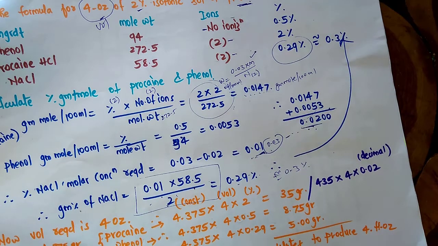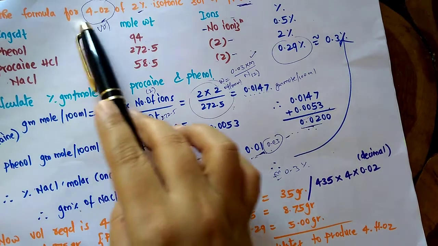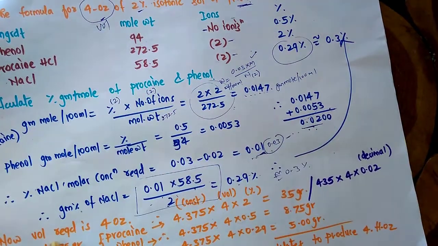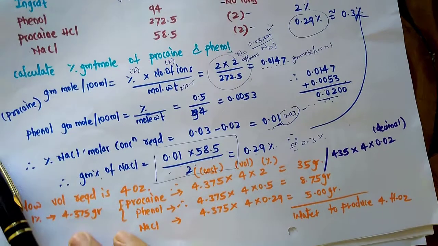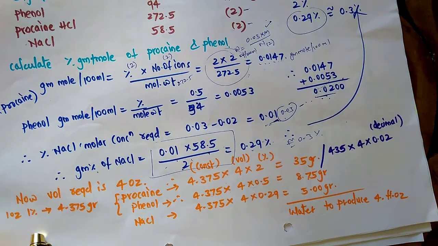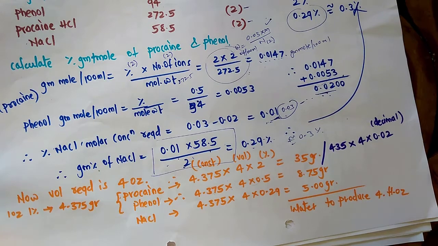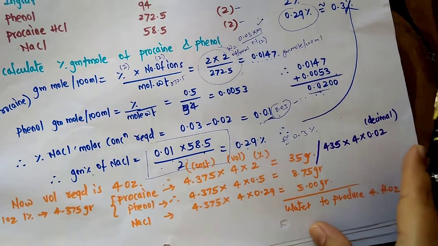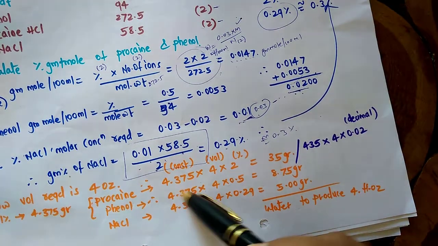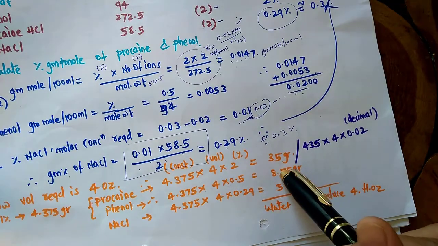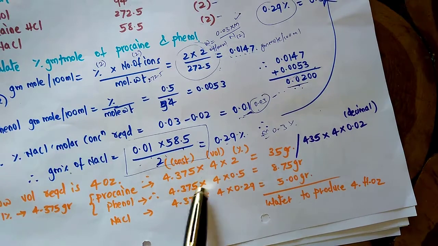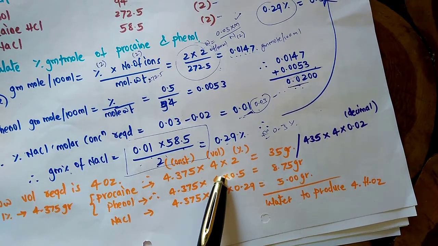Now they have told you that the volume of the formula is 4 OZ. So volume required is 4 OZ. 1 OZ at 1% contains 4.375 grains, according to the percentage calculation which we are going to see in the next calculation video. So to find the quantity of procaine in grains, the formula is 4.375 into 4 into 2.